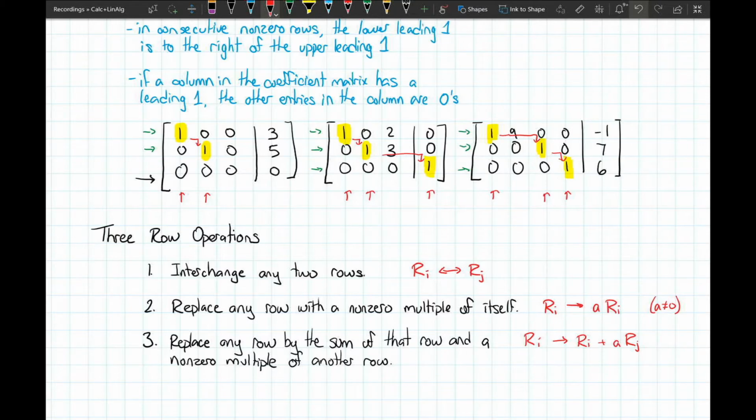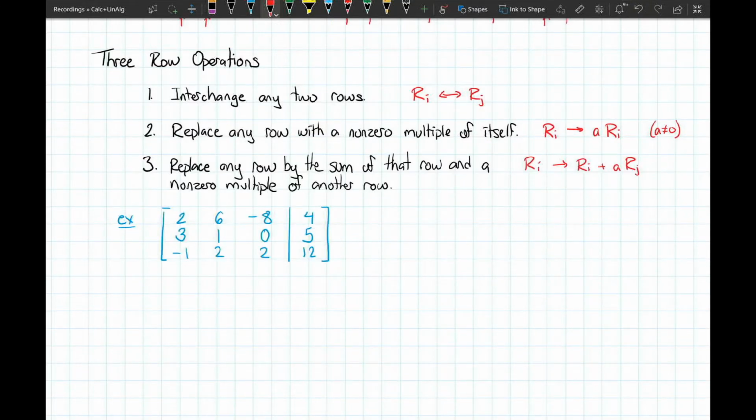Okay, let's take a look at an augmented matrix and see how we would use this notation and these operations to transform into an equivalent augmented matrix. Here I've just got an augmented matrix. You can see it's a 3-variable problem, and we've got 3 equations.